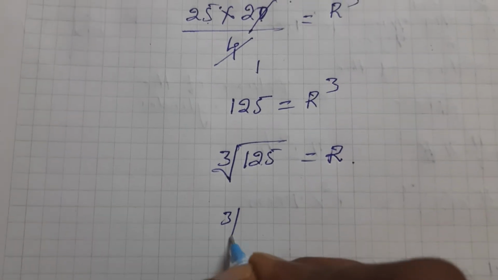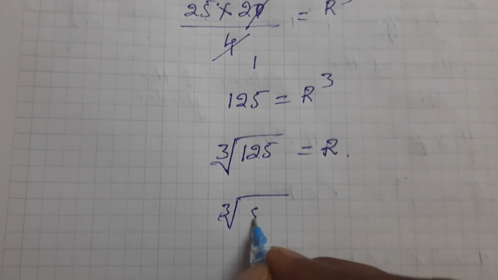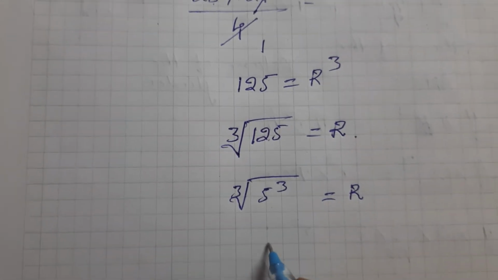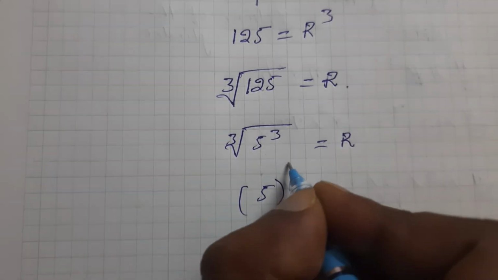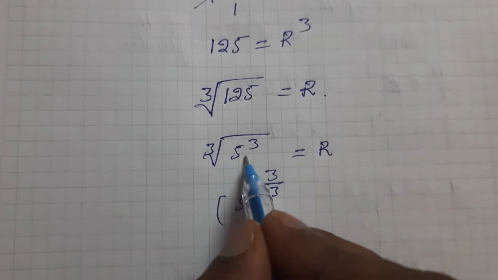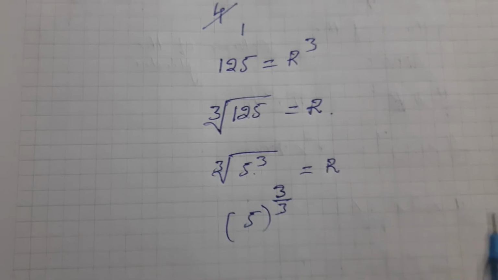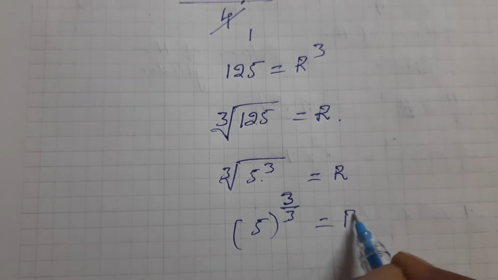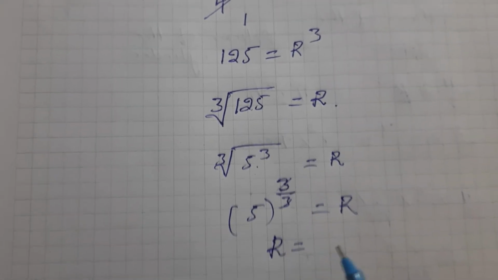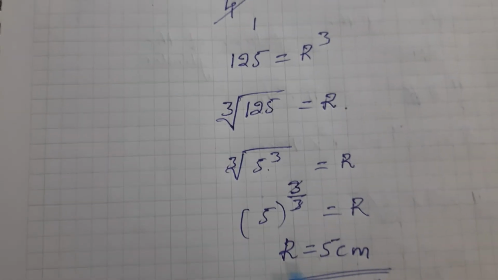Can I write another step, one more step, that is 5 cube is equal to r. Okay, write in the index form, that is 3 by 3, the order in the denominator, the radicand cube power is written in the numerator. Okay, that is r, that is cube get cancelled. What is r? Radius of the sphere is equal to 5 centimeter.